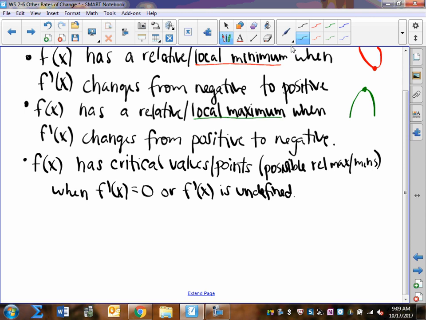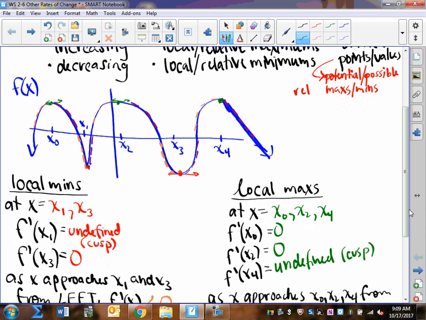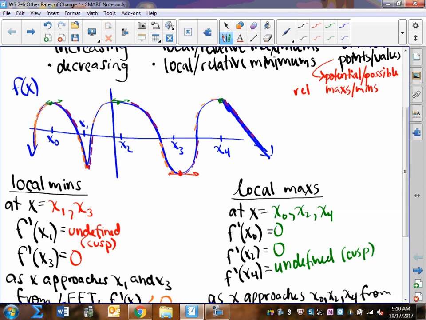Now it actually also tells us about increasing and decreasing. So let's take a look back at our graph here. This is something you maybe have already recognized, but let's start from the left side of my graph. My slope all along here, would we agree that that is a positive slope? Is my function increasing or decreasing? Increasing. Okay. And then it's now a negative slope.